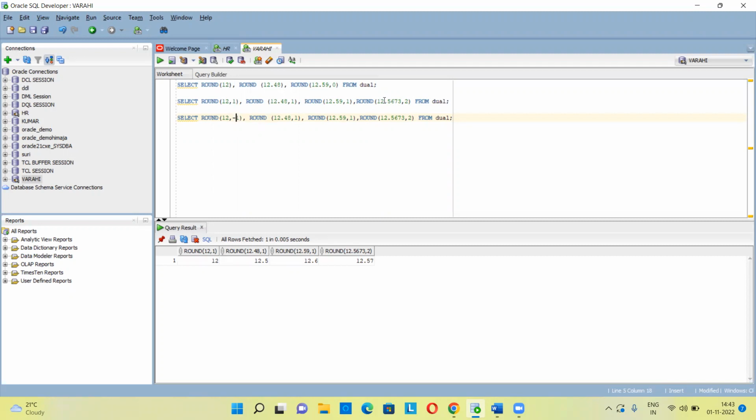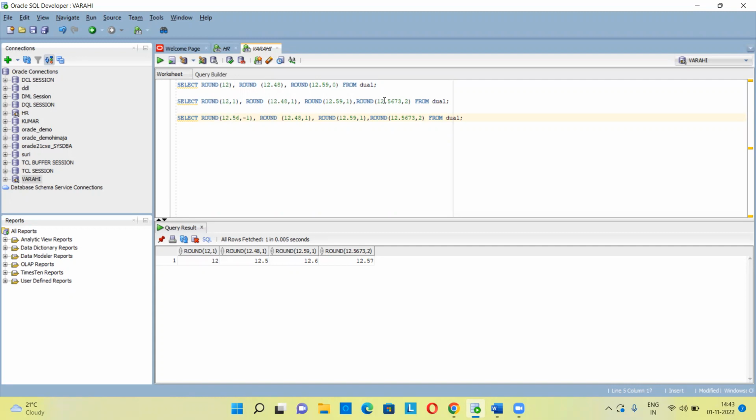But I'm passing minus as the second parameter. So what will it do? Just to avoid confusion, I'm writing it here like this. So what is meant by -1?